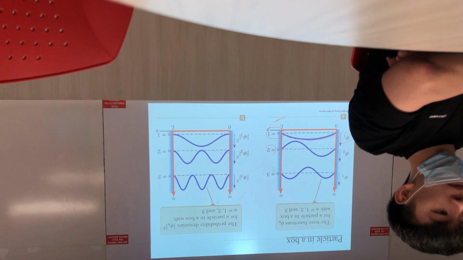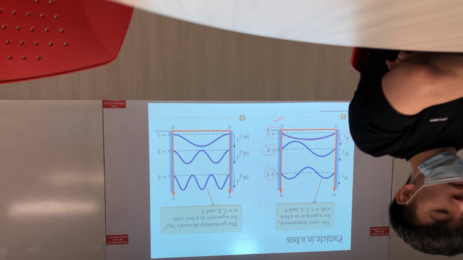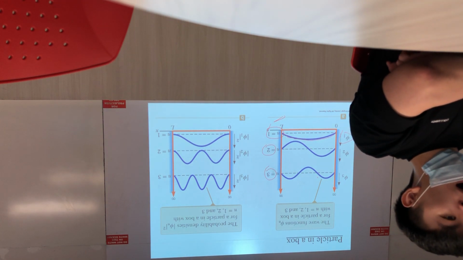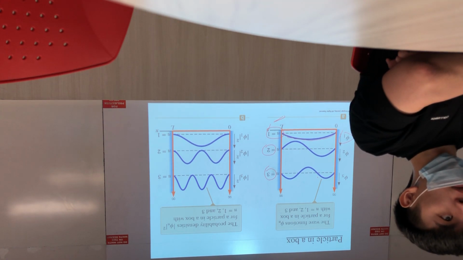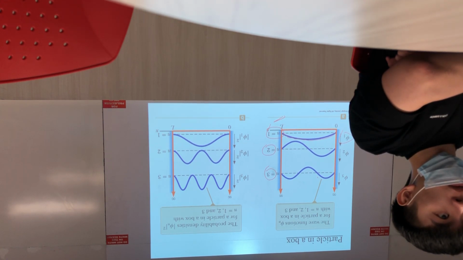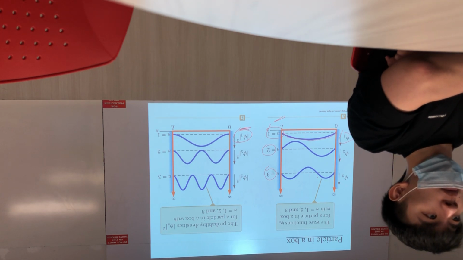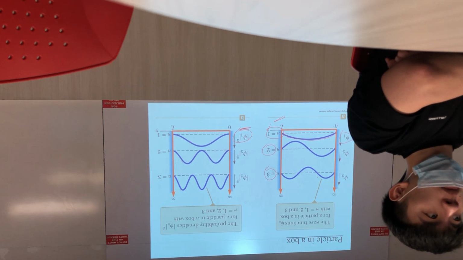And then at the second level and the third level, we can see how this wave function evolves along these energy levels. Our interest is to find the probability, so our probability density is going to be calculated as this, and the corresponding probability is also illustrated here.